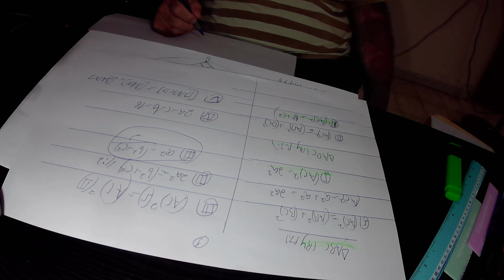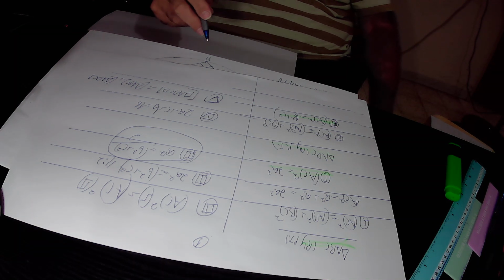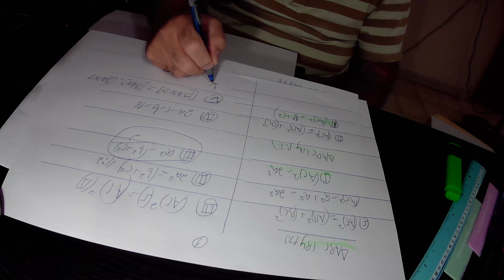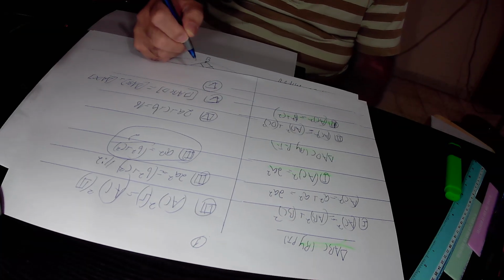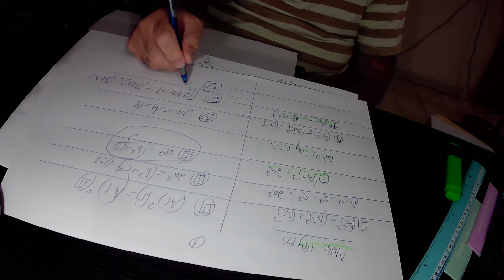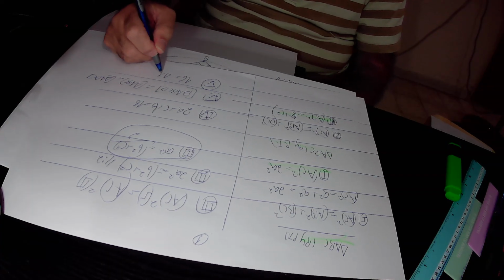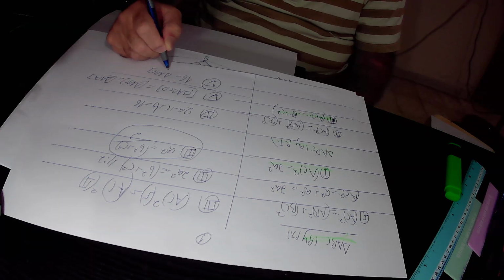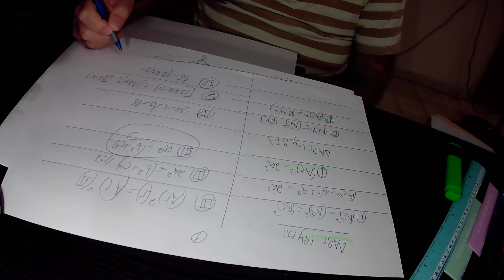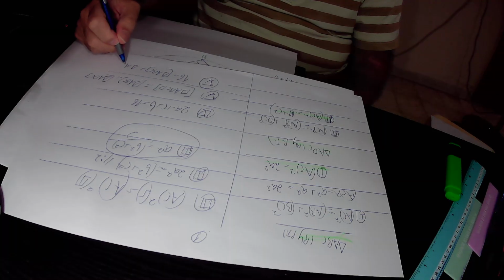Therefore, we'll substitute the area of quadrilateral ABCD by 16. So according to equation 5, we found out that 16 equals the area of the right triangle ABC plus the area of the right triangle ADC.